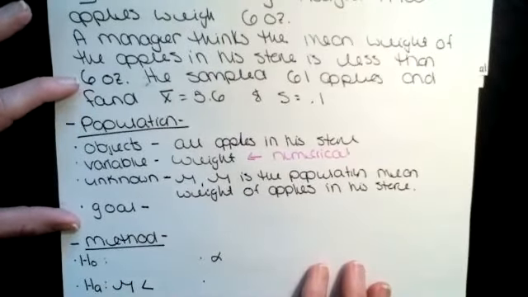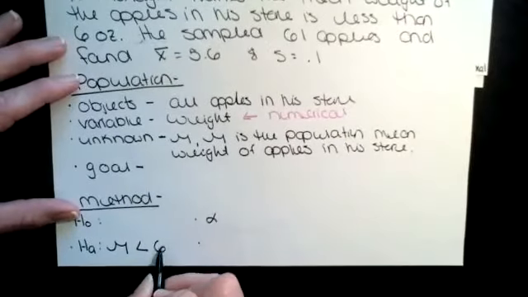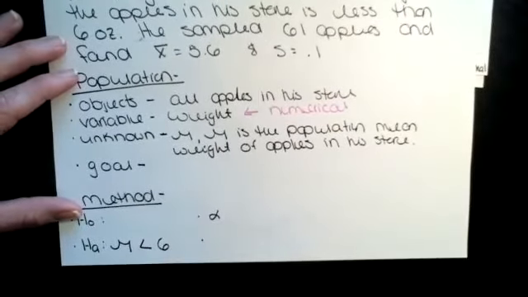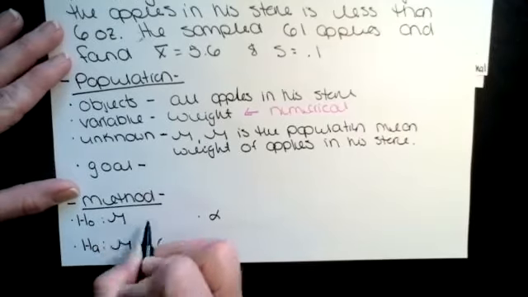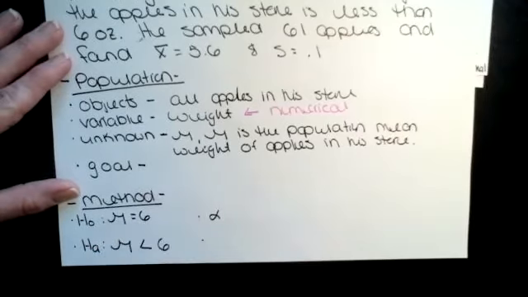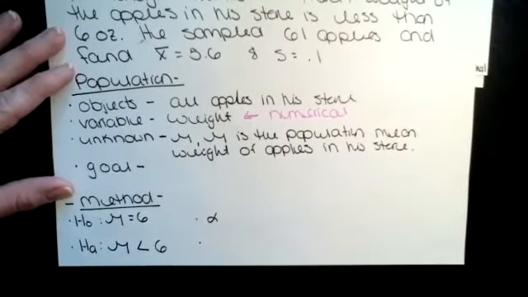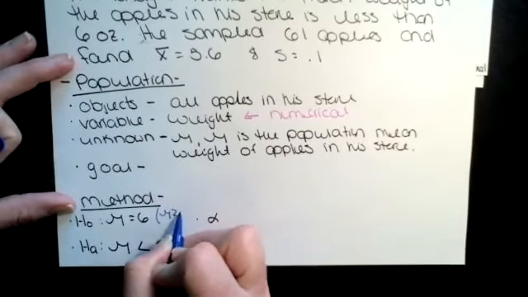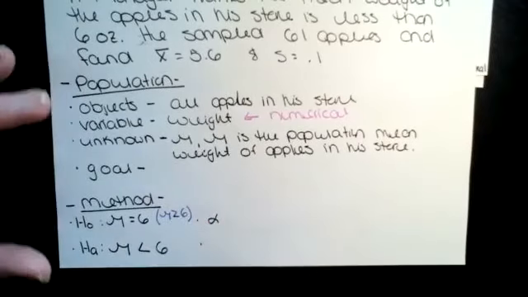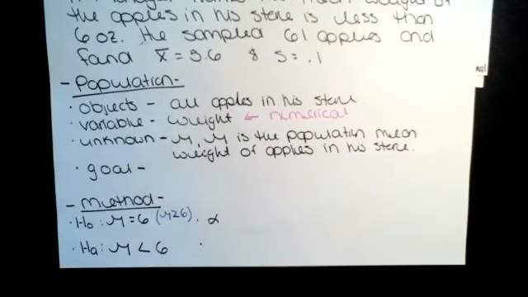Right here, 6 ounces. So mu is less than 6. That's my HA. So my null, I'm going to write it mu is equal to 6, or I could write it as mu is greater than or equal to 6. That's another way of writing it.